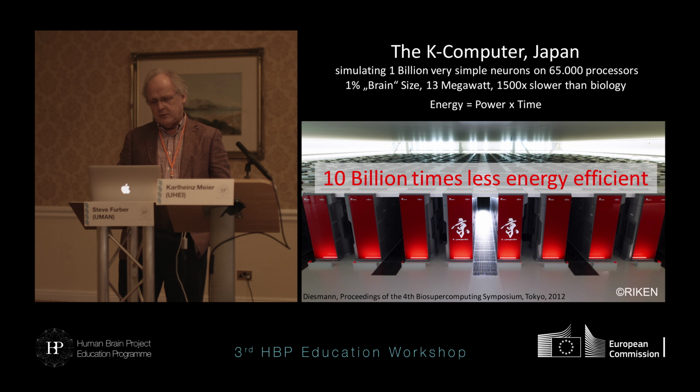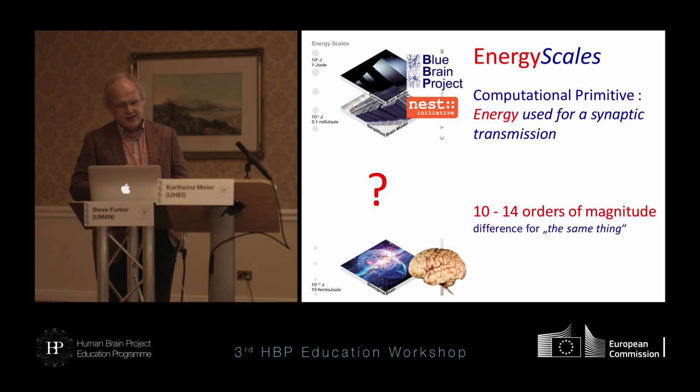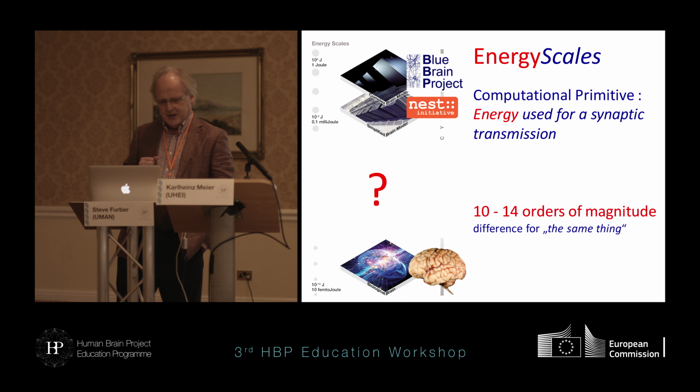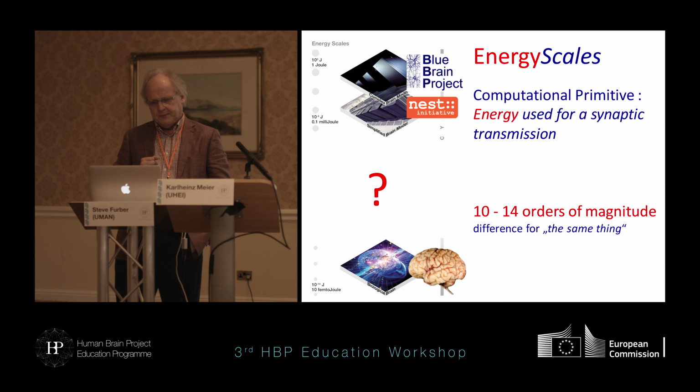So what we find from conventional computing is on the scale of energy, and this is part of the graphic I showed you in my talk earlier, it's a subset of it. What you see is that the brain at the bottom here, using 10 to the minus 14 joules per synaptic connection, can be simulated on conventional machines, either in very high detail, in the blue brain style at 1 joule per connection, or more efficiently in the more abstracted point neuron style, using 10 to the minus 4 joules per synaptic connection.